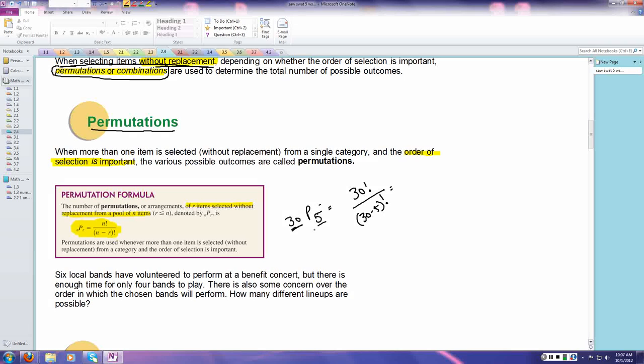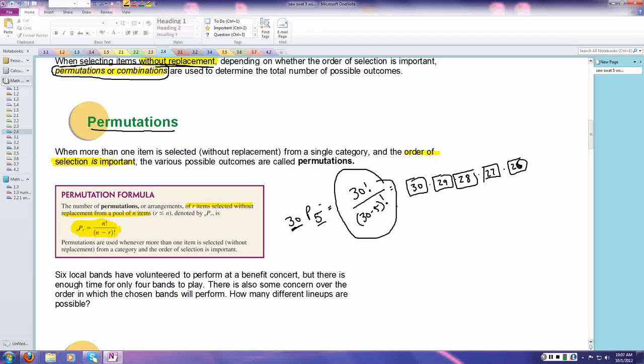You can think of this as the fundamental counting principle too, because what you end up getting is you have 30 choices for your first one. 30 times 29 times 28 times 27 times 26. You end up getting the same answer as you would with the fundamental counting principle simply because this is what the math is doing here.